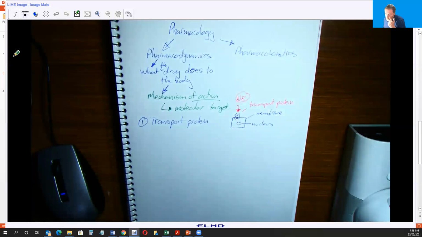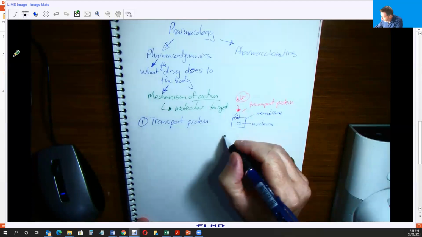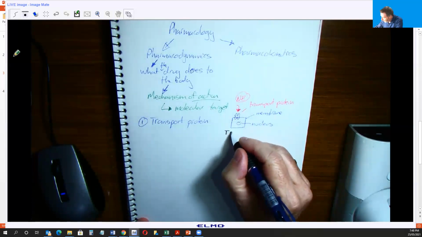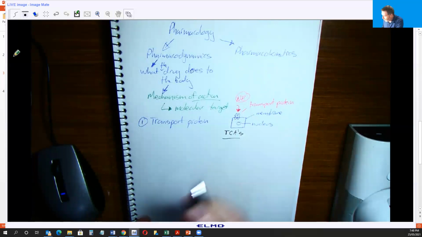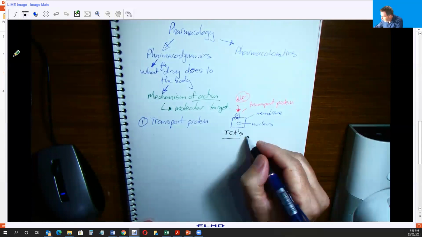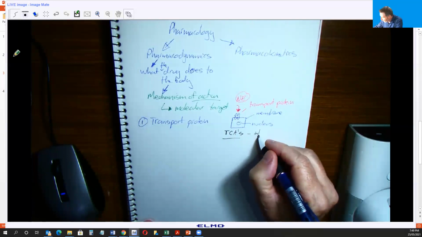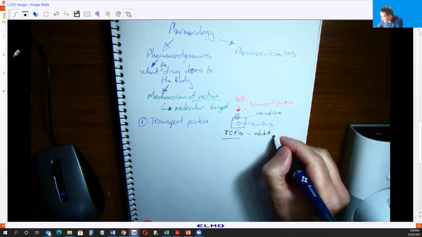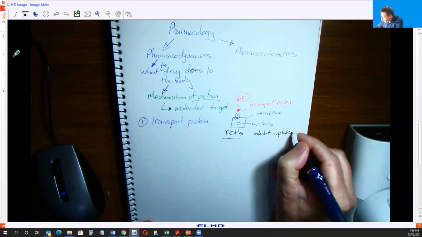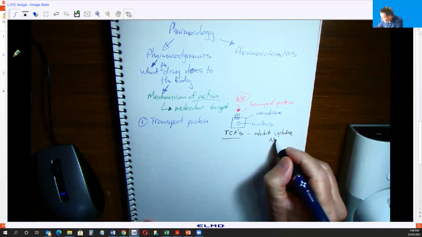So now that means, for example, there might be drugs out there, well, there are drugs out there that are known as tricyclic antidepressant drugs, TCAs. And what these tricyclics do, the way they work, is they inhibit the uptake of norepinephrine.